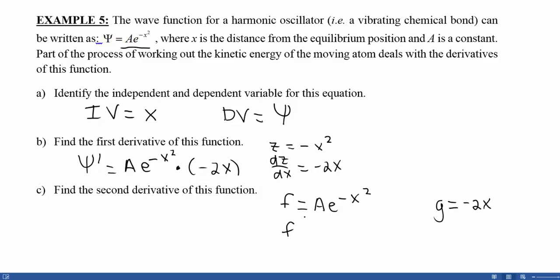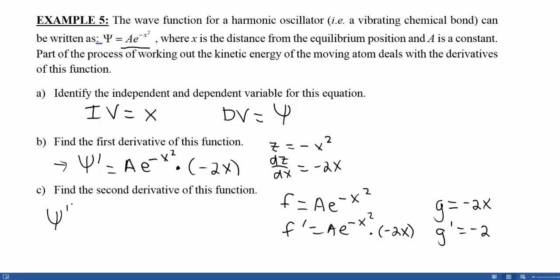Now I'm going to find each of their respective derivatives. Let's start with g prime. The derivative of negative 2x is negative 2. The derivative of a e to the negative x squared, well, that's exactly what we found when we were finding the first derivative. So we already know the answer to that. It's a e to the negative x squared times negative 2x. Now we need to do f prime times g.